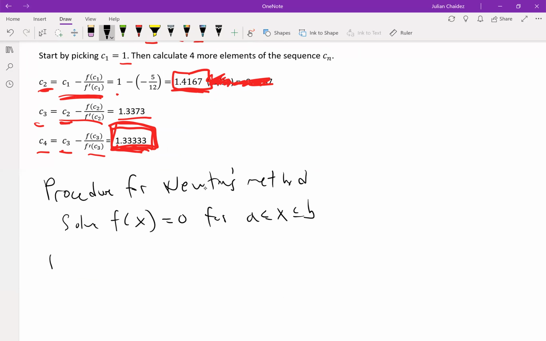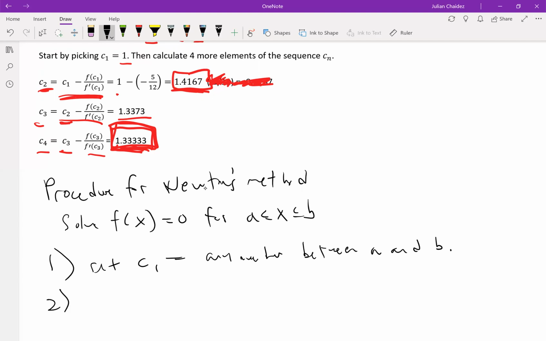Step 1 is set C1 equal to any number between a and b. I chose C1 equal a in my Newton's method iteration, but I didn't have to. I could have chosen it to be anything between a and b.